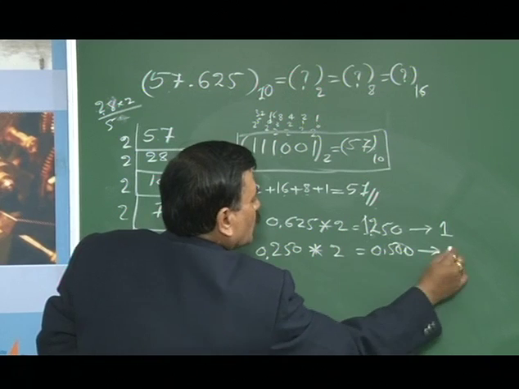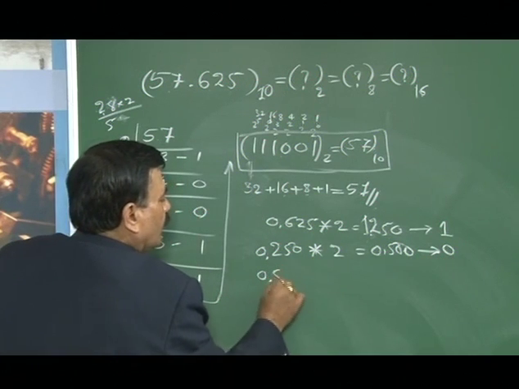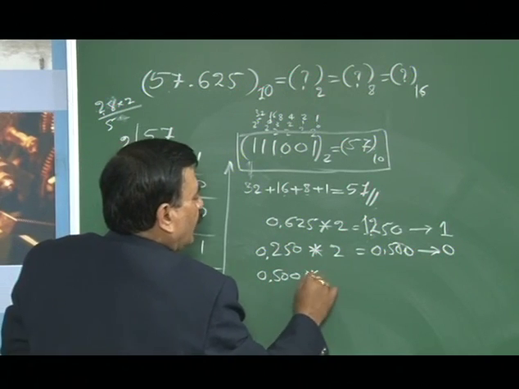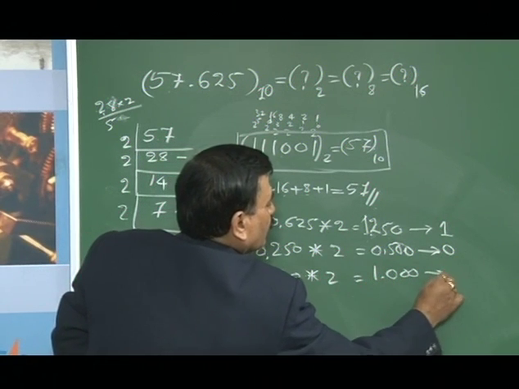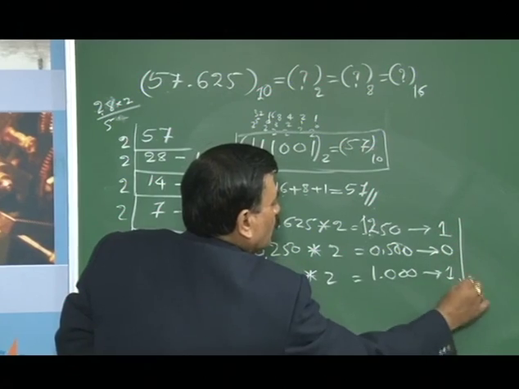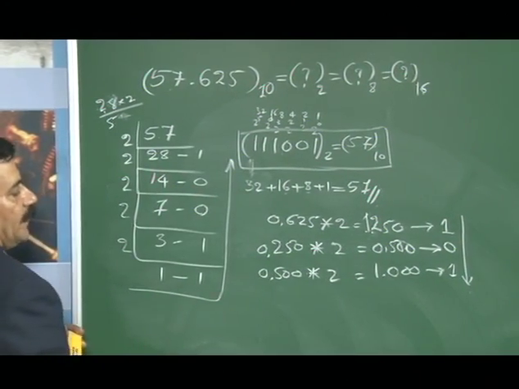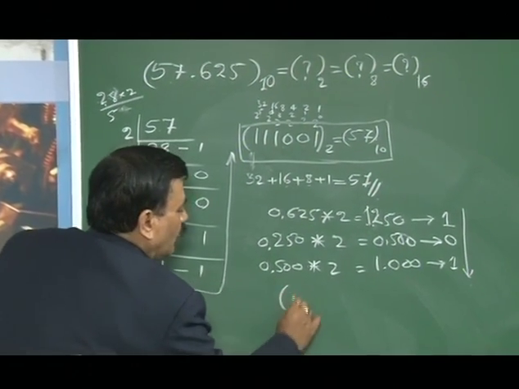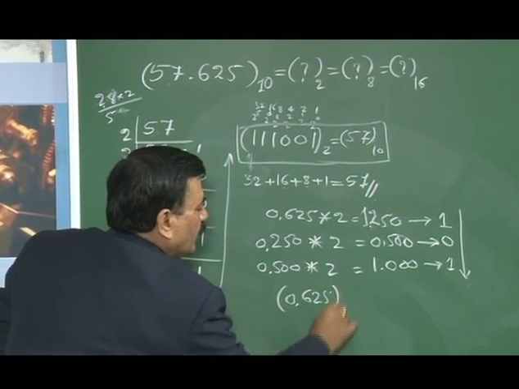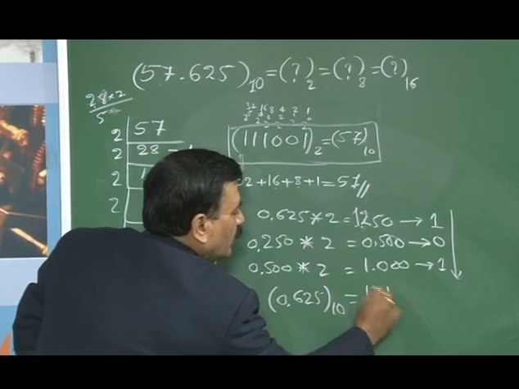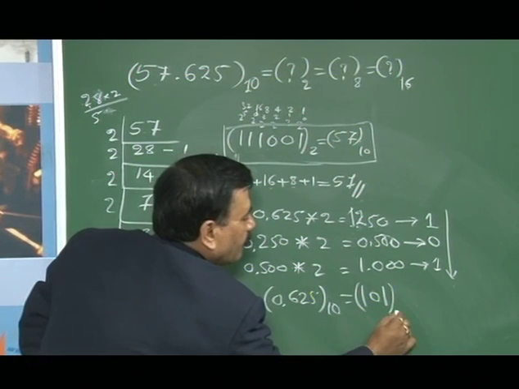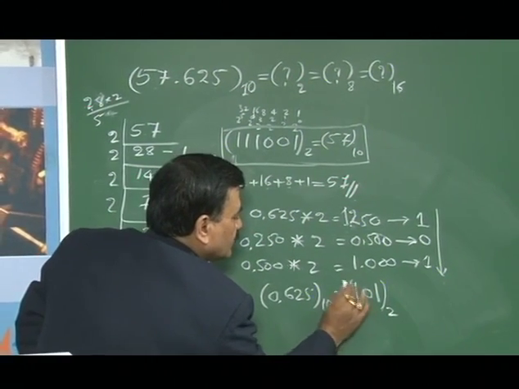So the carry is not generated. Then once again we multiply by 2, and it is going to give the result like this. Then we take the carry from top to bottom and write it. So the equivalent value of 0.625 in decimal is equivalent to 101 in binary, that is with the decimal value.